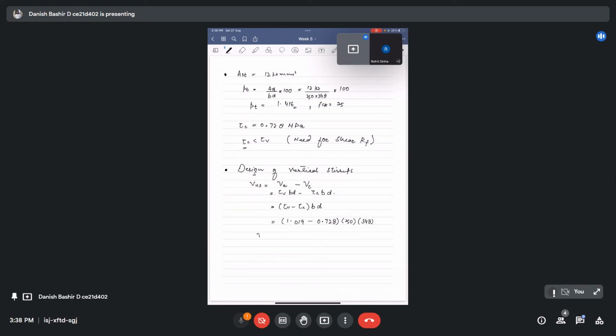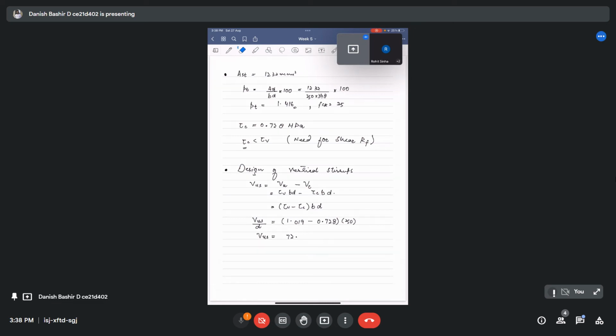When we calculate the shear that is coming on our stirrups, VUS is equal to 72 point. We will do it like this. We will transpose this, because in our equations we will directly require VUS by D. So no need to multiply by D here again.